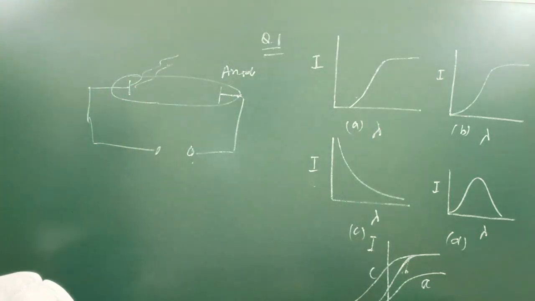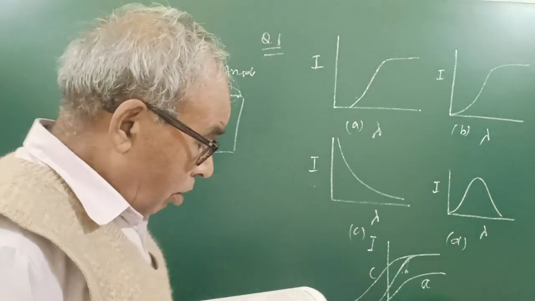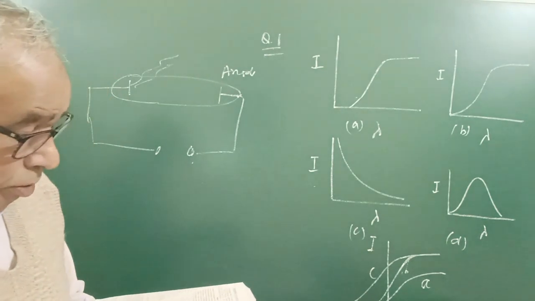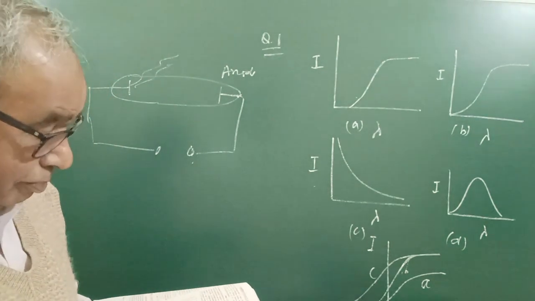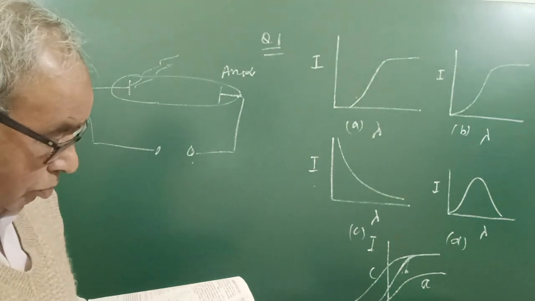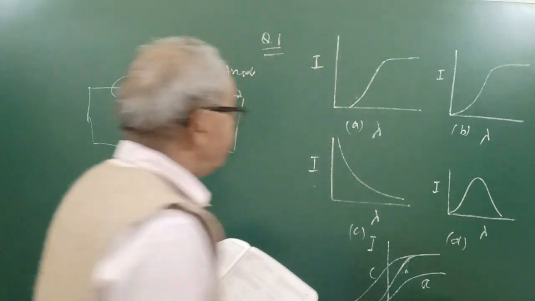Increase was not said, friends, increase is only one case; here it will be a change. Gradually, the plate current I of photocell will vary. Option A, B, C, D.